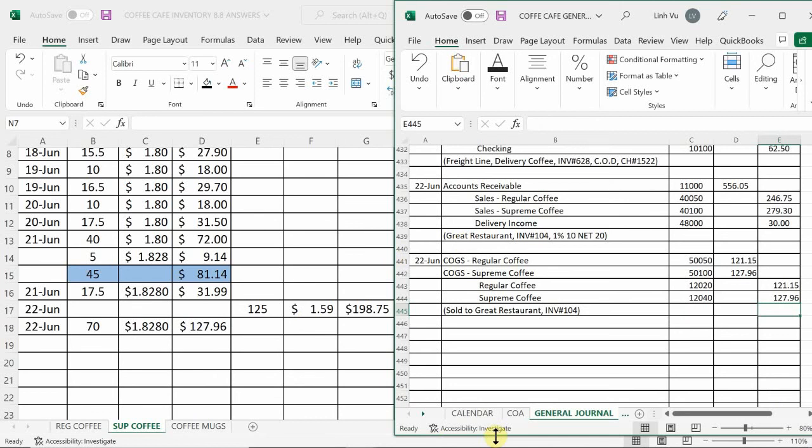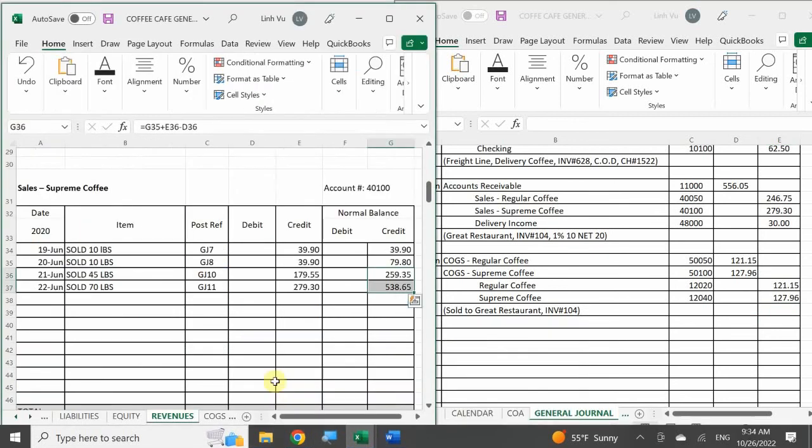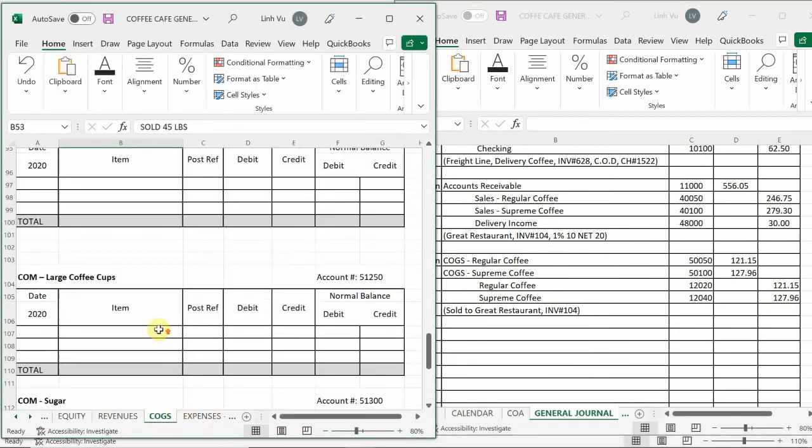What's after the journal? The ledger. I need to update my inventory accounts. Okay, so starting with the cost of goods sold.